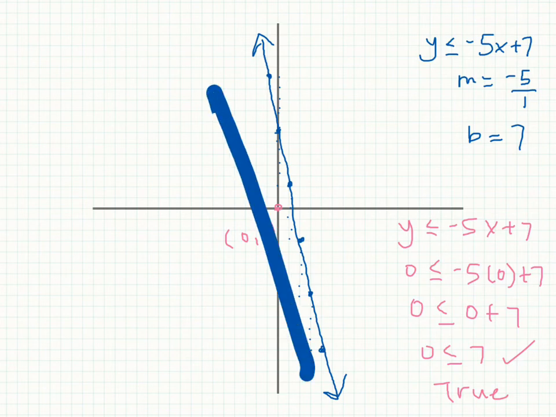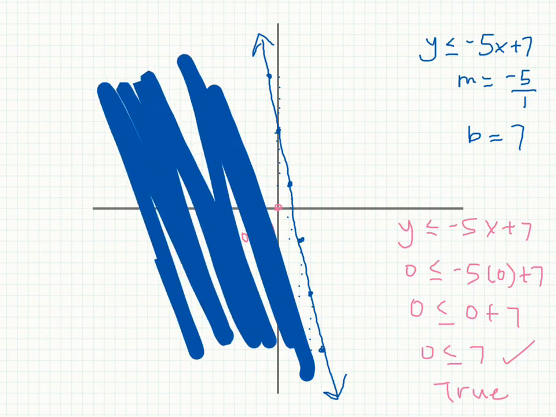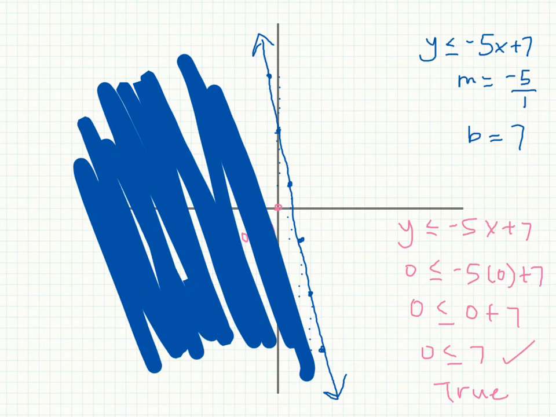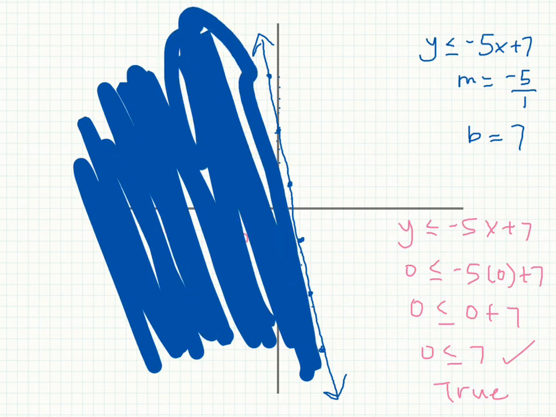So let's shade all of this area. That tells me that the solution could be any point in this whole area going on to infinity, or it could be any point on this solid line.